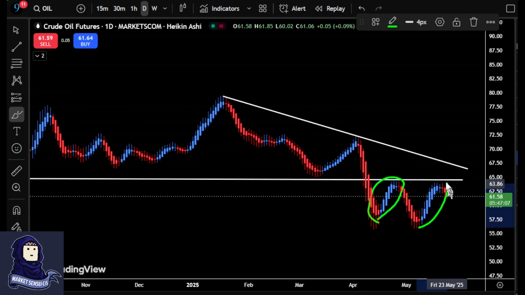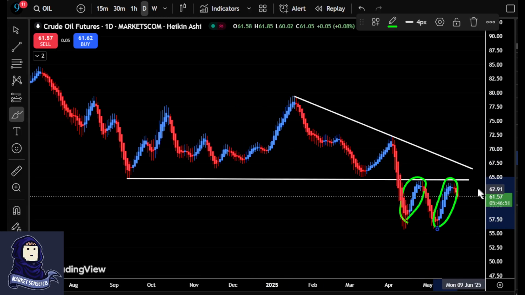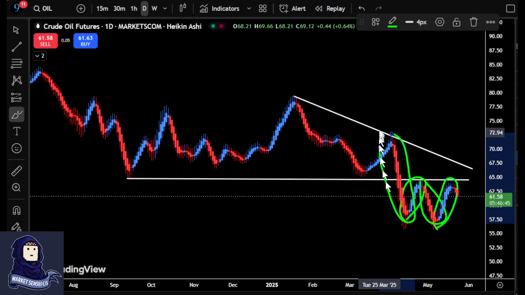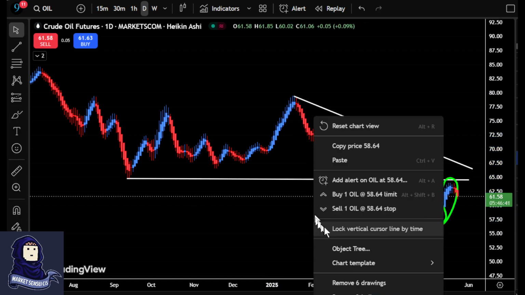When it moves upwards and touches the previous resistance zone, expect some kind of selling to happen. And when it happens, just short the market because the trend is heading downwards. So you short the market, take profit. This one also, you short the market and take profit. So you make a lot of money trading this kind of move downwards.